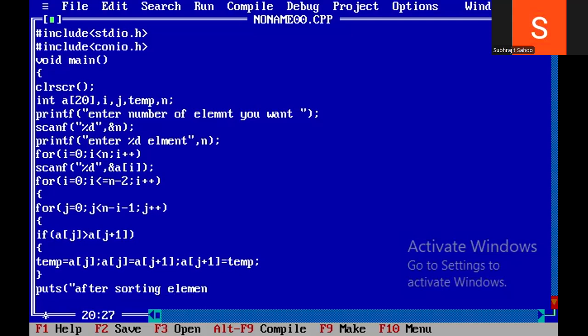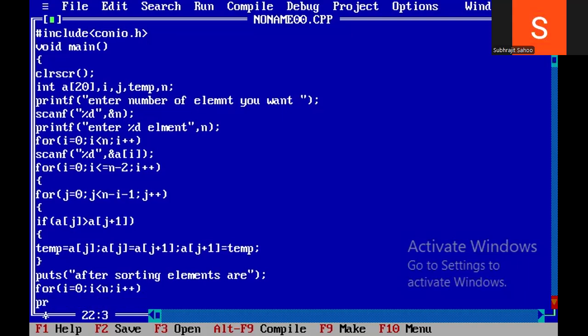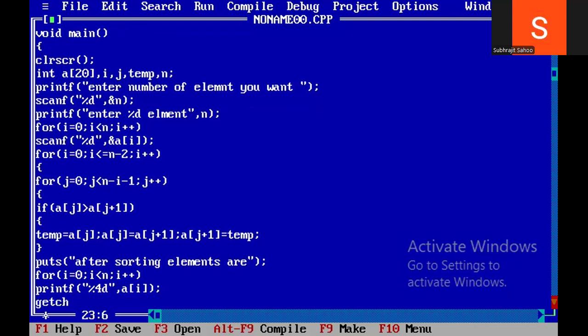For loop once again, for i equal to 0, i less than n, i plus plus, printf percent, this time 3d, or 4d, take minus 10 suppose, a of i. Bracket close. Now getch function use and bracket close.